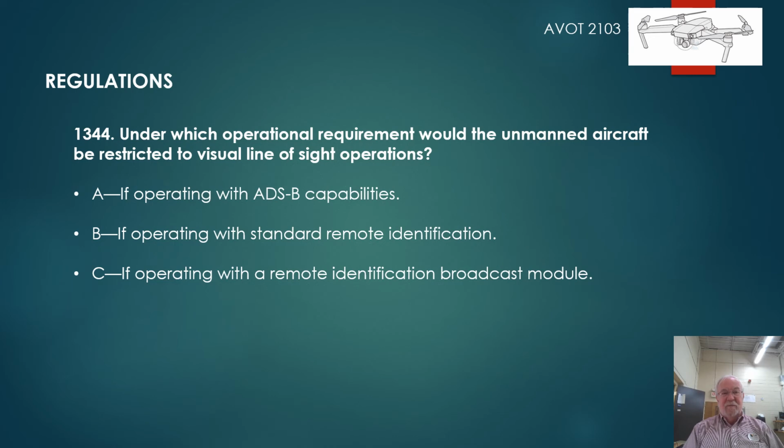You have to be line of sight operation. But apparently, if it has a standard remote identification built into the drone, you can fly out of visual line of sight. It's a confusing question. I'm sorry I can't give more light to that or make it more understandable, but you've got to stay within line of sight operation if you have a broadcast module attached to your drone.